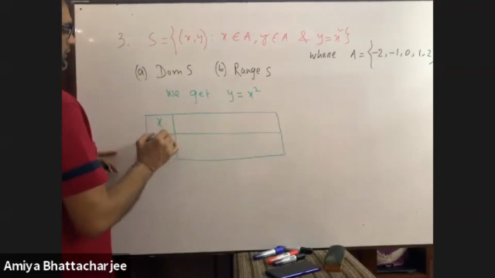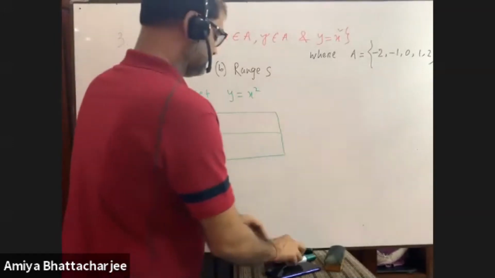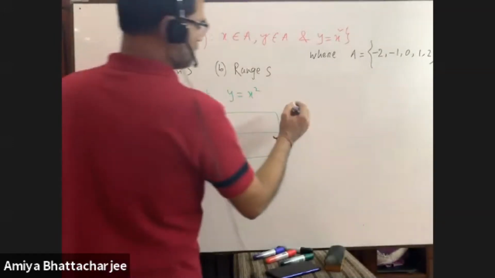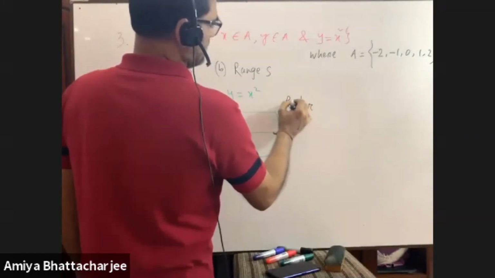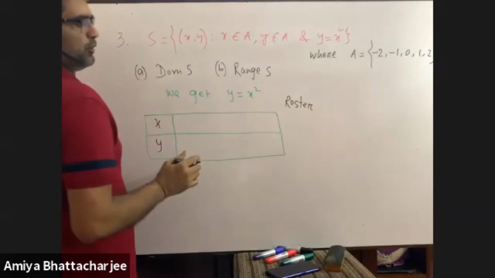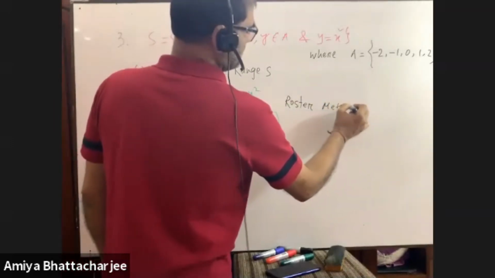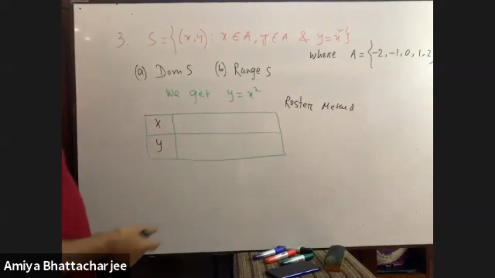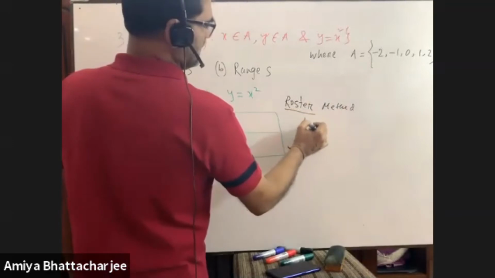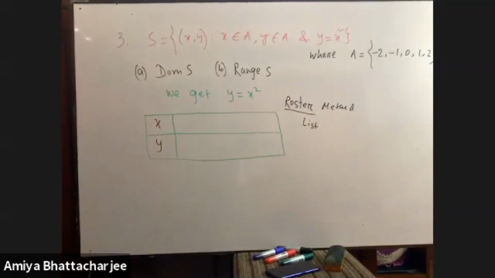It is x and it is y. Roster is spelled R-O-S-T-E-R, with an O, not an A. If you write it with an A, it is roast, like a chicken roast. Roster means list, L-I-S-T.